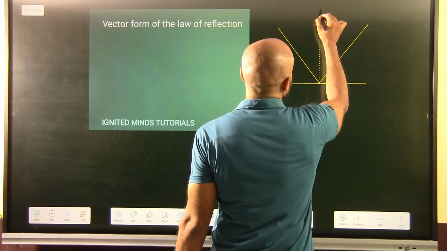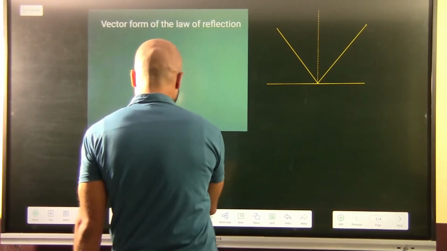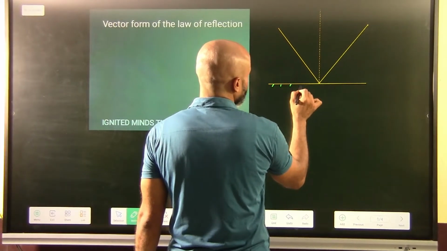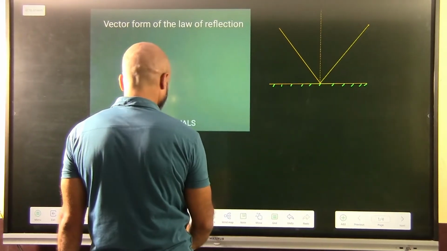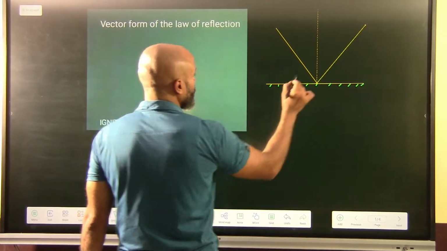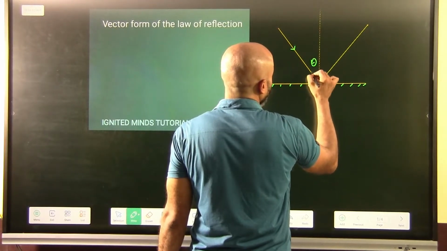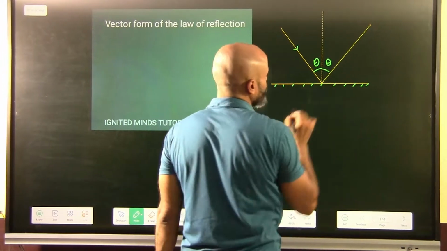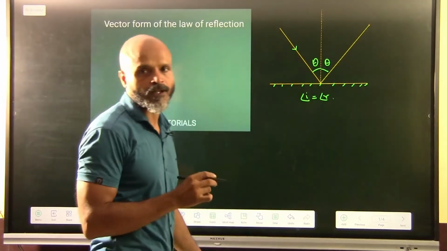So this is the reflecting surface, and here we have the incident ray, the reflected ray, and the normal. Let's say this is making an angle of theta, so obviously this will also make an angle of theta. Why? Because the angle of incidence is equal to the angle of reflection.